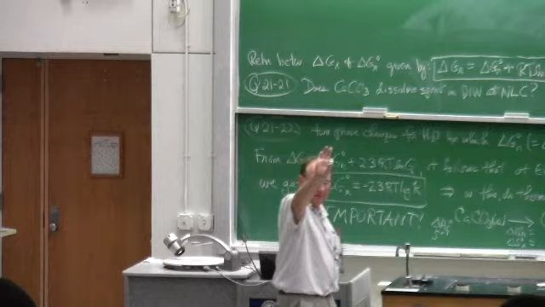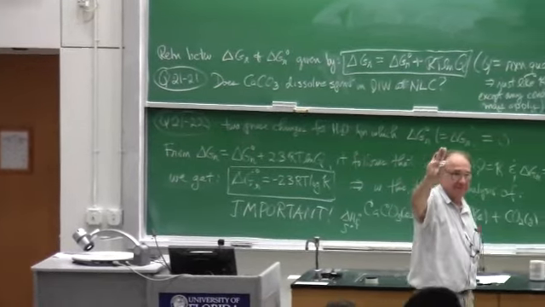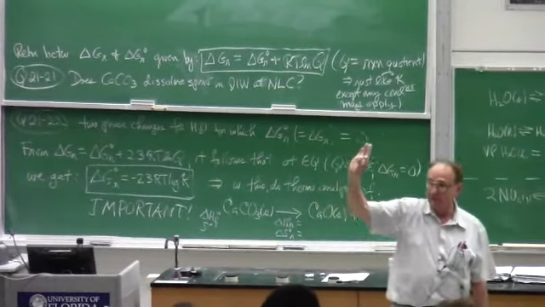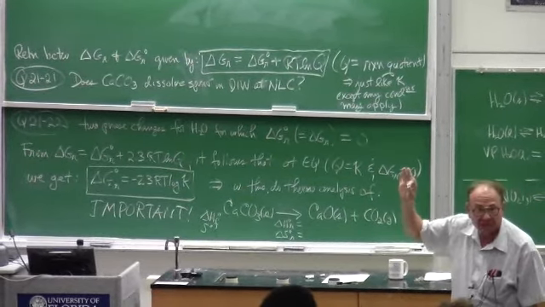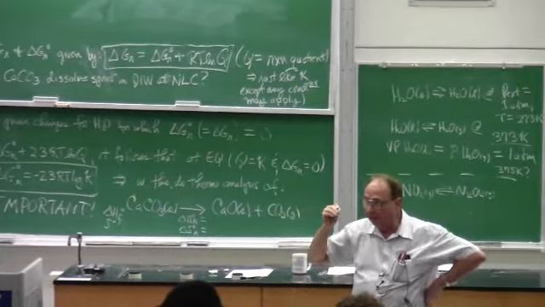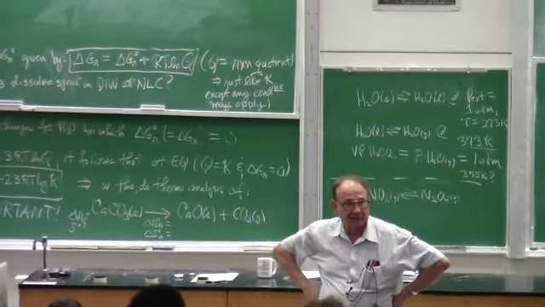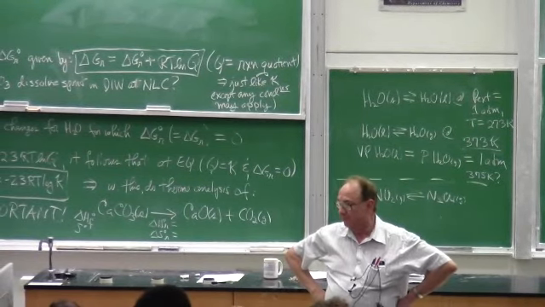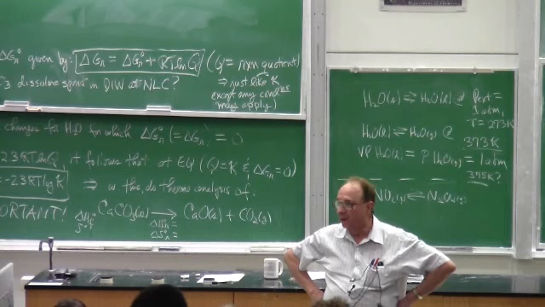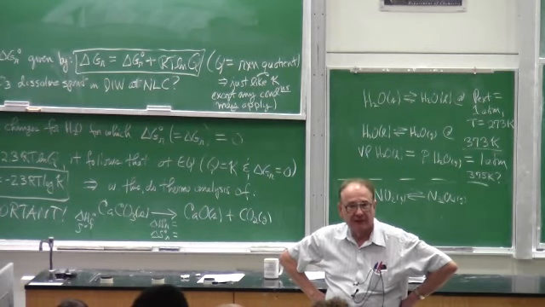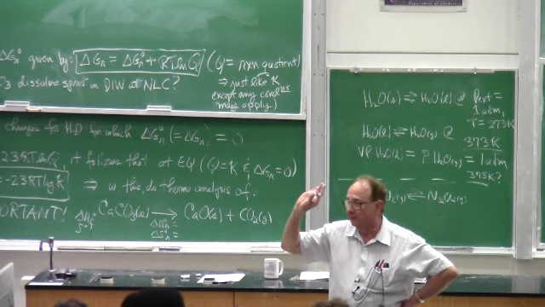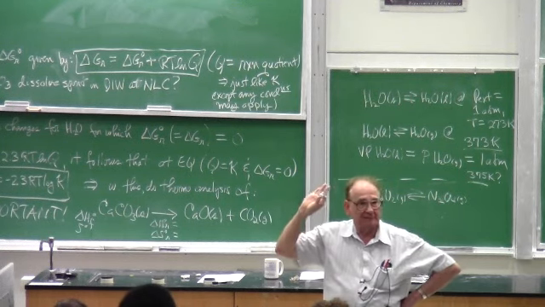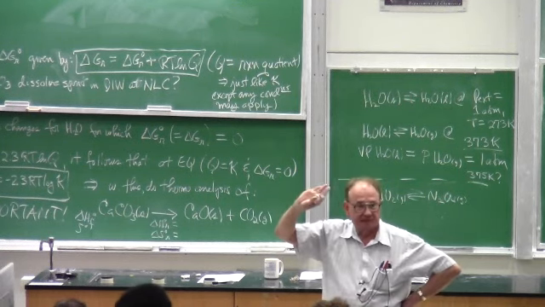This stuff look stable? Yes. Gee, I hope so. I'd be really upset if my calcium carbonate spontaneously fell apart. I wouldn't have any chalk with which to write. Well then, do you think this stuff is decomposing spontaneously from a delta G0 standpoint under these conditions?